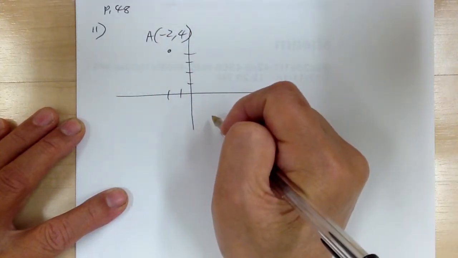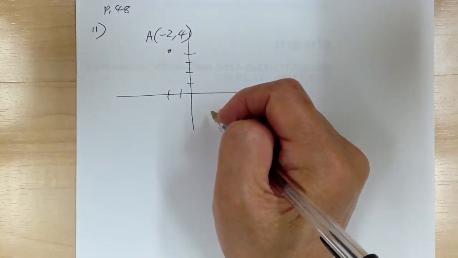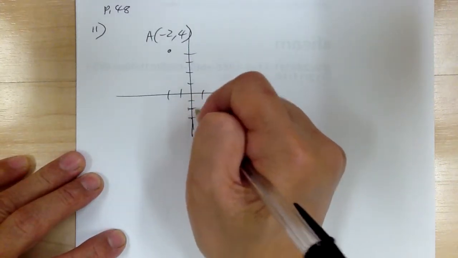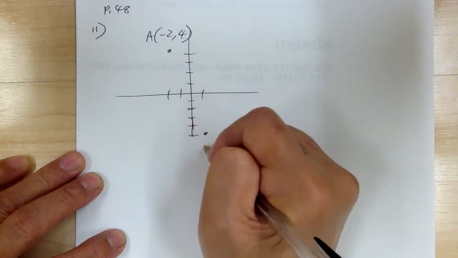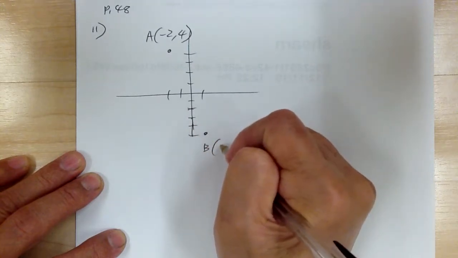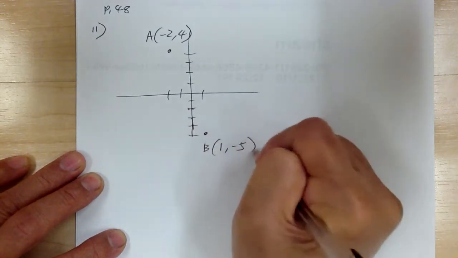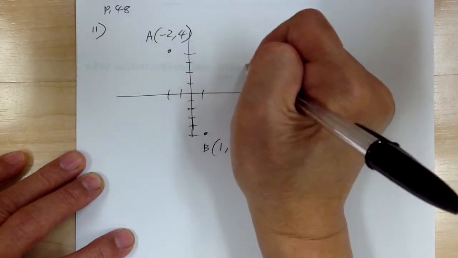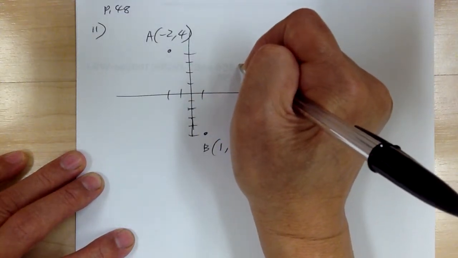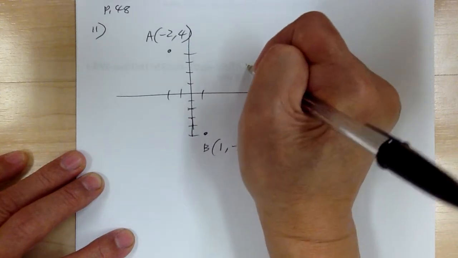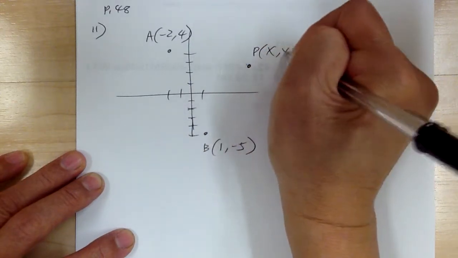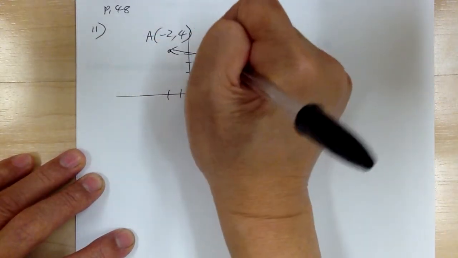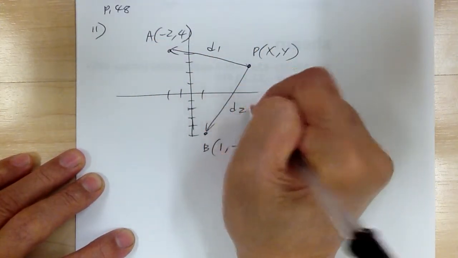The second point is 1, negative 5. And you want to put a random point out here, and it's going to be equal distance. So point P, x, y, again just anywhere out here. So that's your D1, D2.